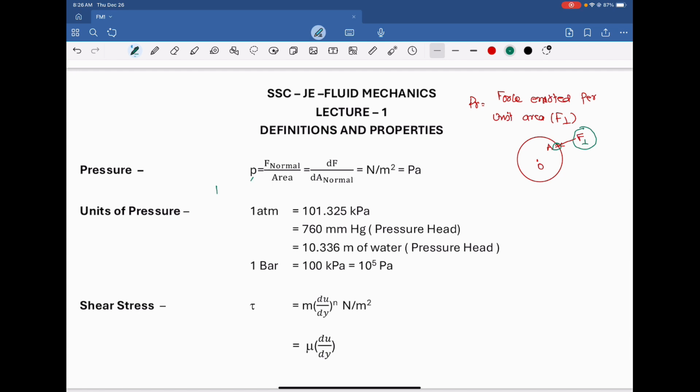P is equal to pressure, force normal to the area of cross section on which it is working. Then this is dF, and this is dA. dF by dA when you take small quantities.